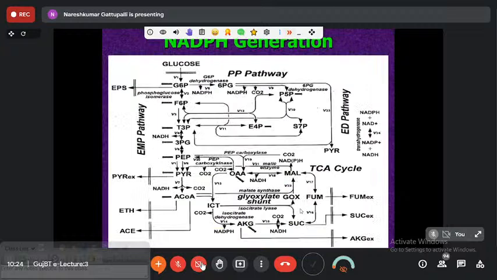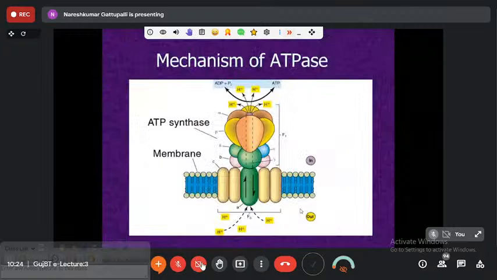So in addition to this, we already talked about NADPH. One more thing: in glycolysis, as I said, substrate-level phosphorylation is there. You also generate NADH.